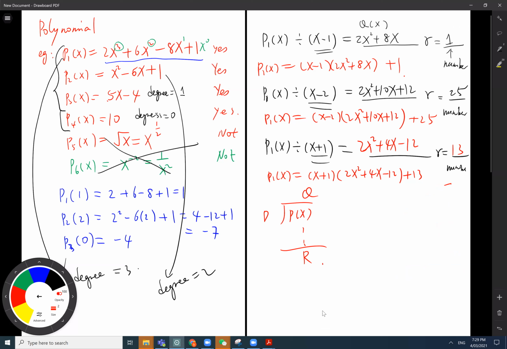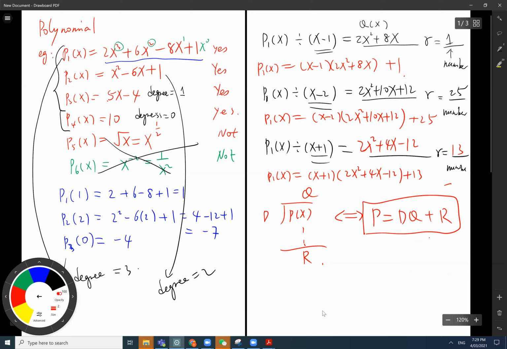Converted into multiplication, P equals QD plus R. Normally we say DQ plus R, because we have the ice cream thing called DQ. Okay. D times Q plus R.